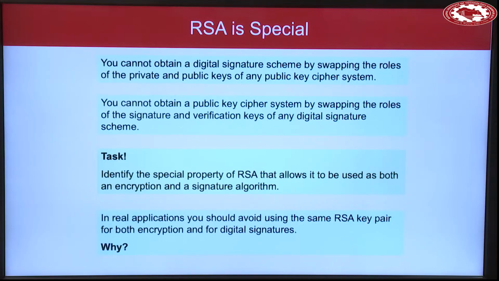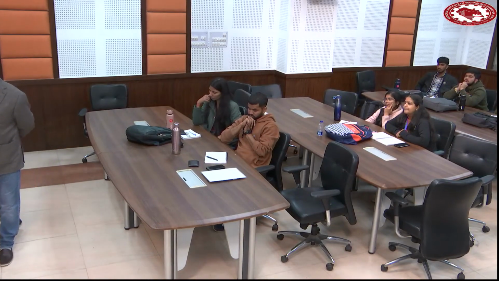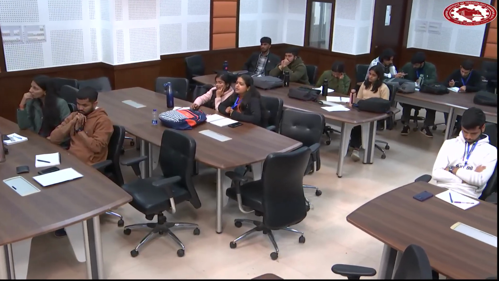So what are those properties that make it unique? The task was to identify the special property of RSA that allows it to be used as both an encryption and a signature algorithm. In real applications, you should avoid using the same RSA key pair for both encryption and digital signatures.